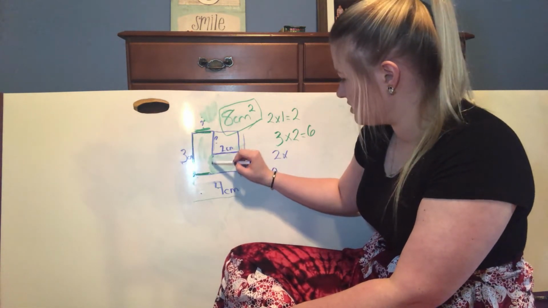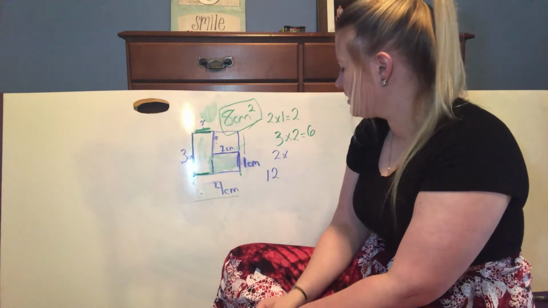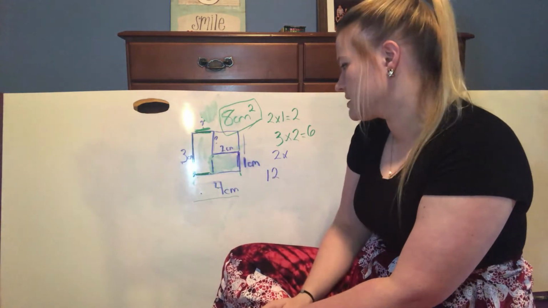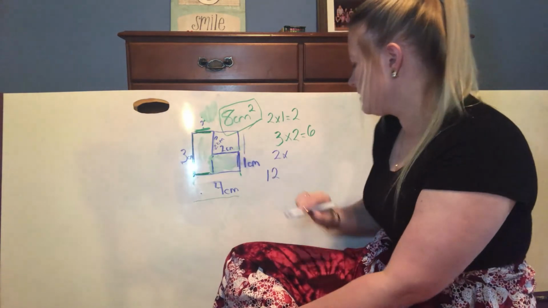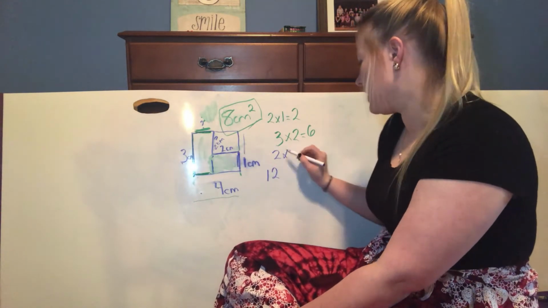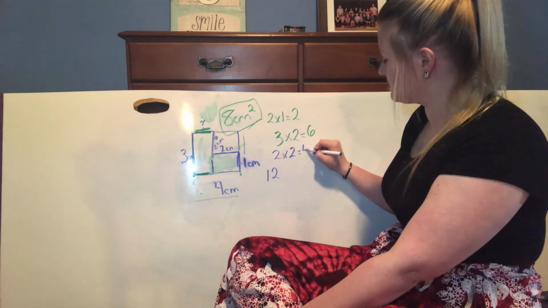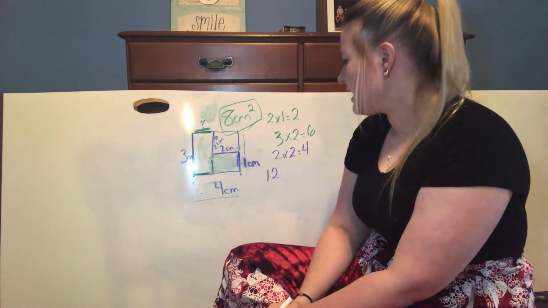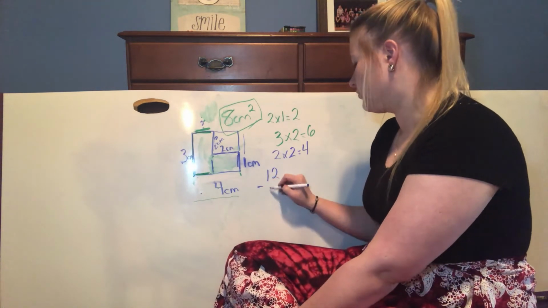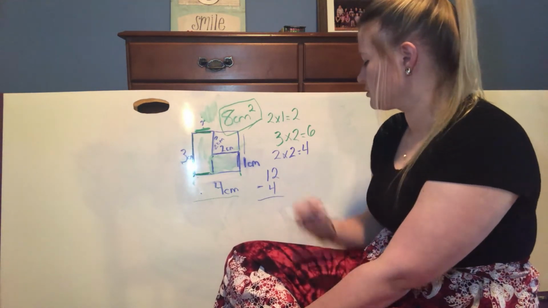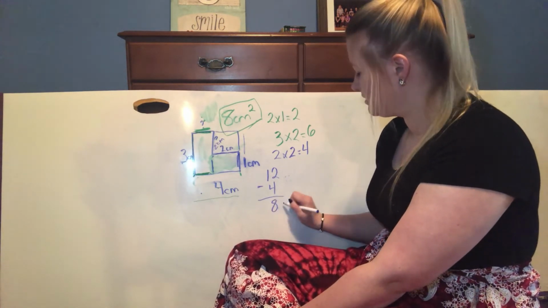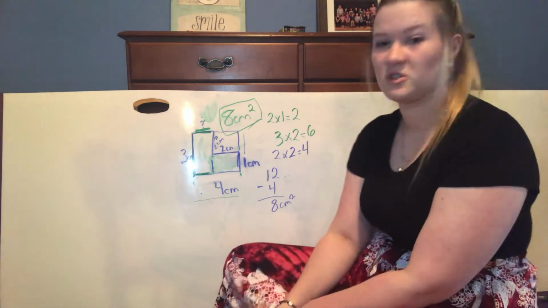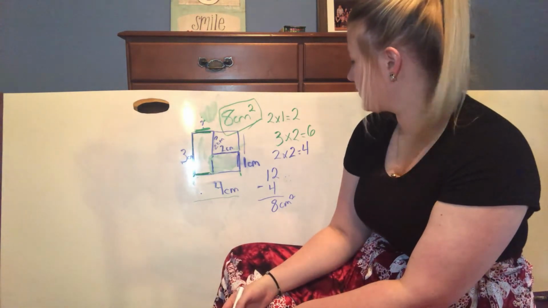So that means from here to here is 1 centimeter. And we know that the whole length is 3 centimeters. So this also must be 2 centimeters. So then we've got 2 times 2, which we know is 4. So now we have to subtract our 4 from our 12. So 12, 11, 10, 9, 8 centimeters squared.